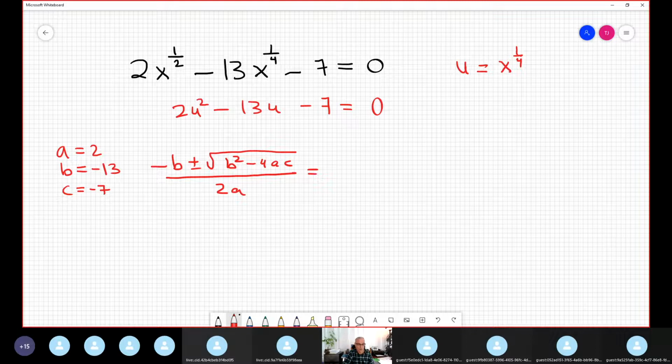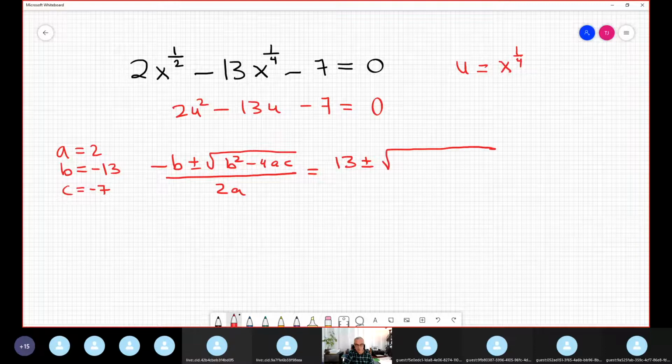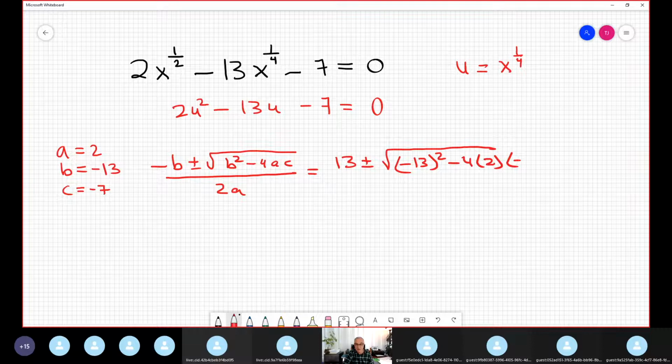B is negative 13, and the negative of it in the formula becomes 13 positive, plus or minus square root of negative 13 squared minus 4 times 2, which is A, times negative 7, which is C, divided by 2 times 2.